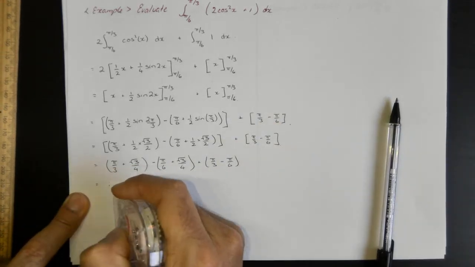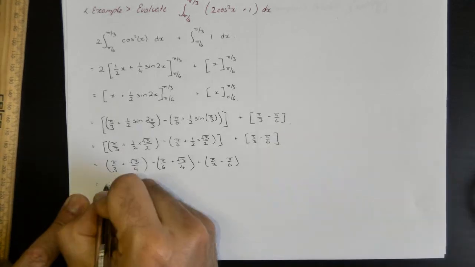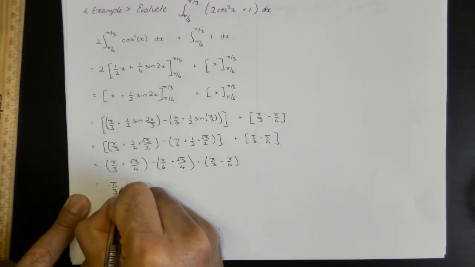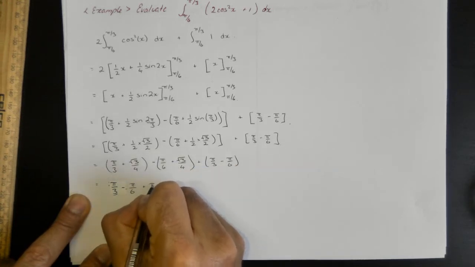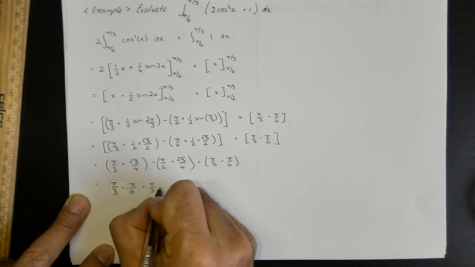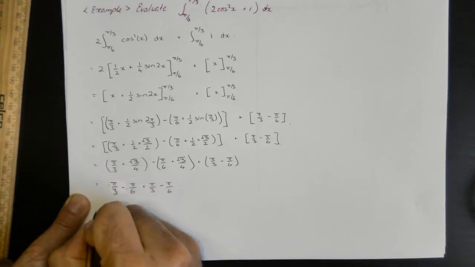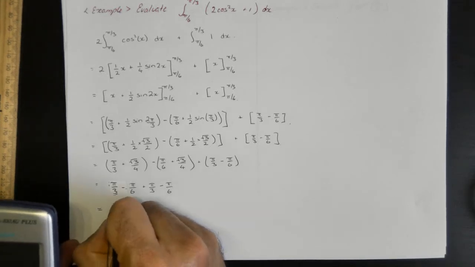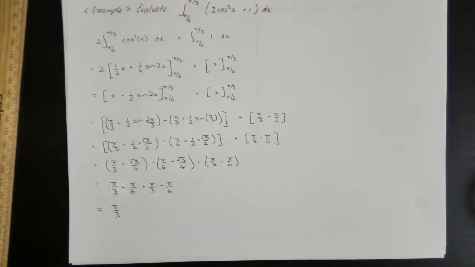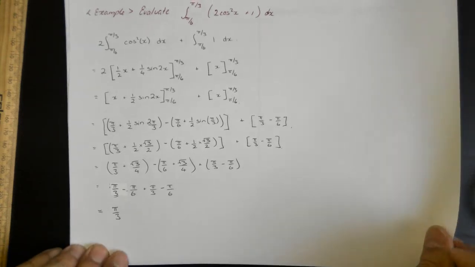Maybe I'll just clean it up: pi on 3 minus pi on 6 plus pi on 3 minus pi on 6 gives me pi on 3. Okay, and that's the answer to that question.